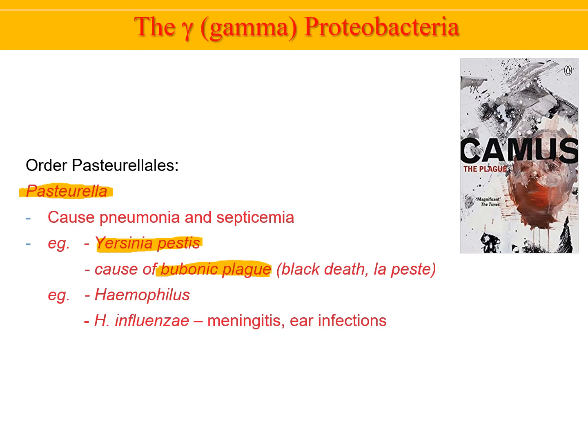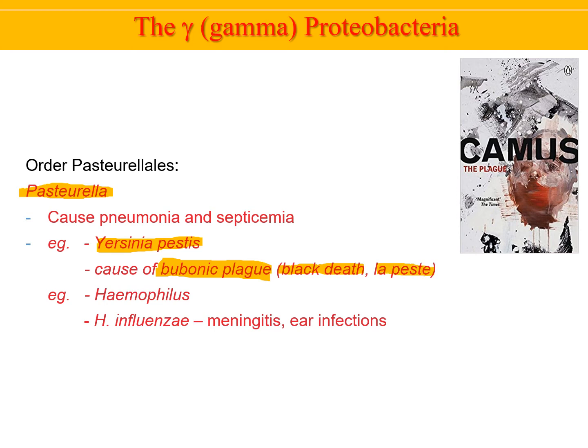The plague was also a serious cause of terrible epidemics and pandemics all over the world, killing large percentages of the human population in previous centuries. The disease was also called the Black Death, or in French, la peste.